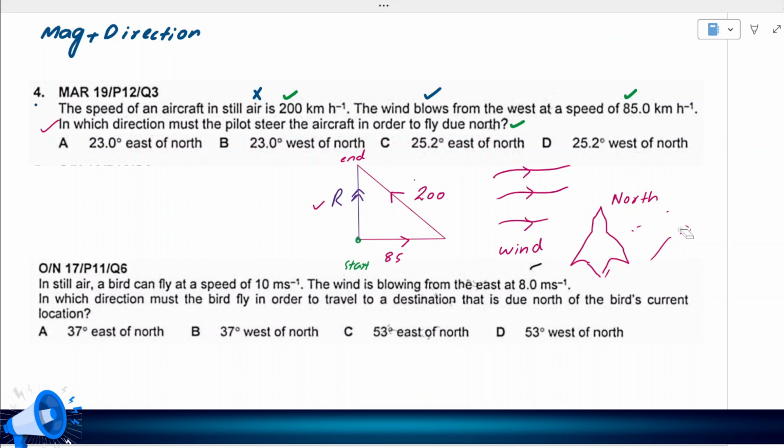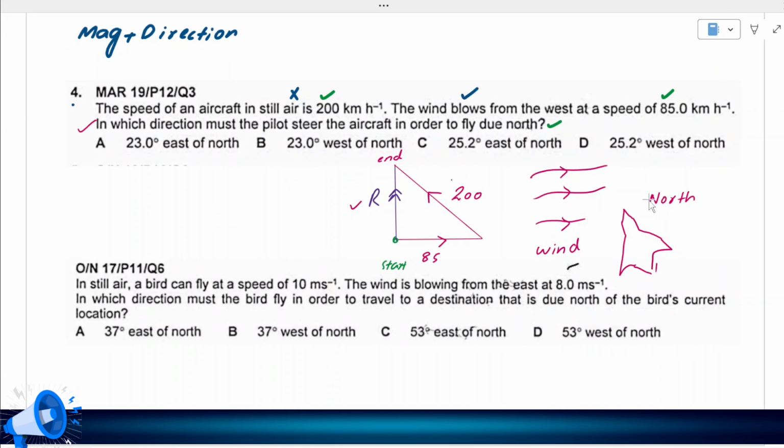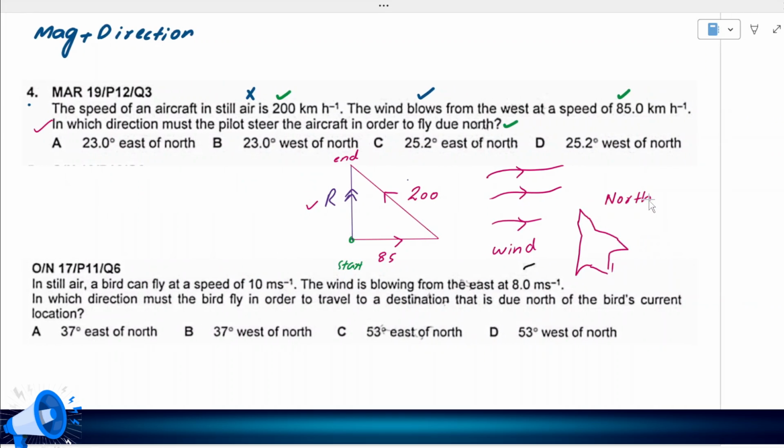So in order to fly towards north, he needs to slightly bend in this direction, which is towards west of north. So he'll be bending slightly towards the west, and the wind coming from the west would cancel out that effect, and the airplane would travel straight towards north.